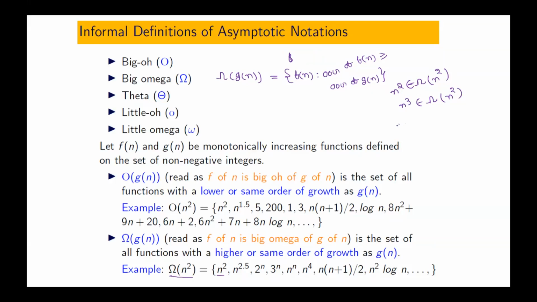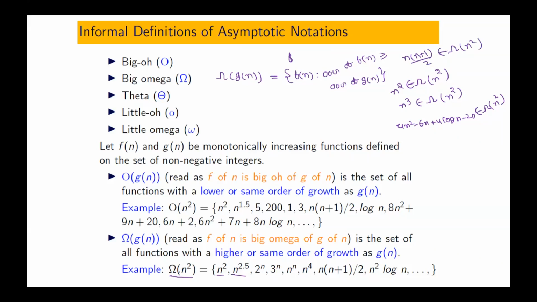N power 4, n square minus 6n plus 4 into log n minus 20 is big omega of n square. Is that true? Yes, correct. N into n plus 1 by 2 is big omega of n square. Is that true? Yes, that is correct.